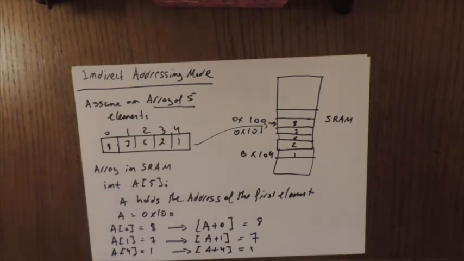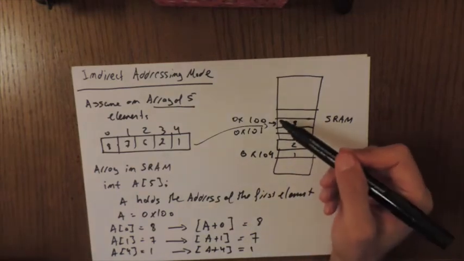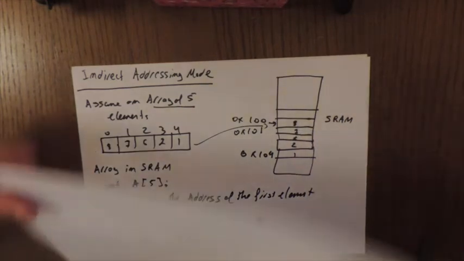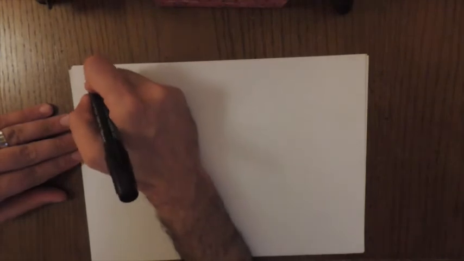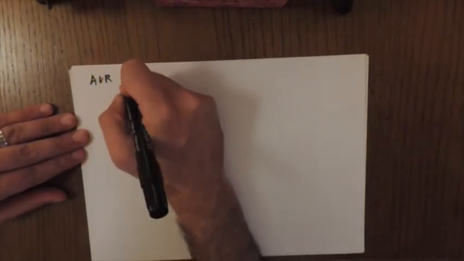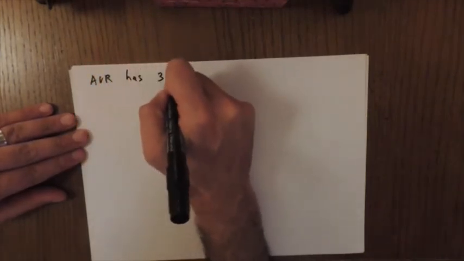And AVR offers this functionality using pointers. So a pointer is just an address in memory. AVR has 3 pointers.